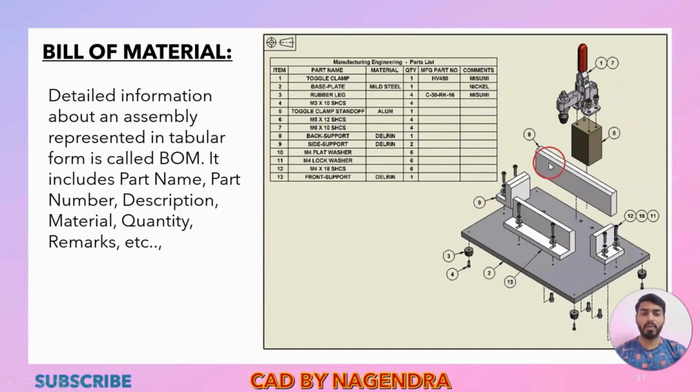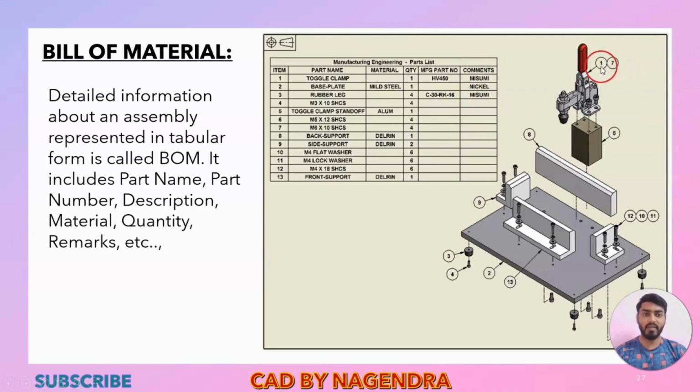Everything, detailed information about an assembly, is represented in a tabular column, and we call it a bill of material. So you can see here the total number of items, part name, what is the material used to manufacture that part, how many quantity we have used, manufactured part number, again comments, everything will be specified in this tabular column.